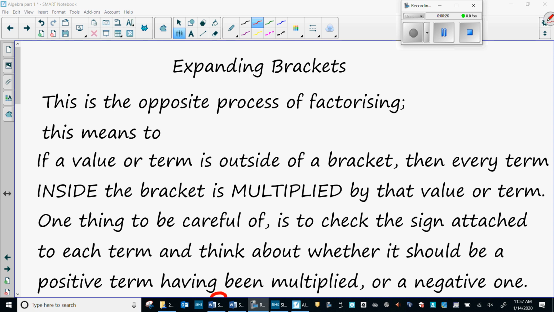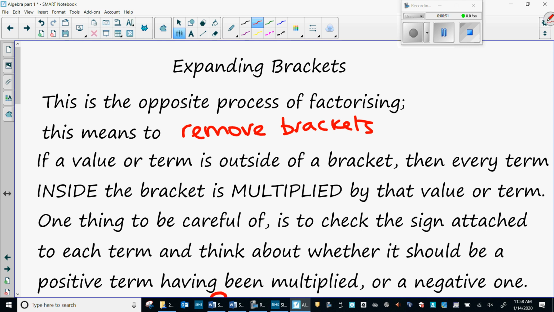Does our expression end up with a bracket? No. So we are removing brackets. So this means to remove a bracket or brackets.